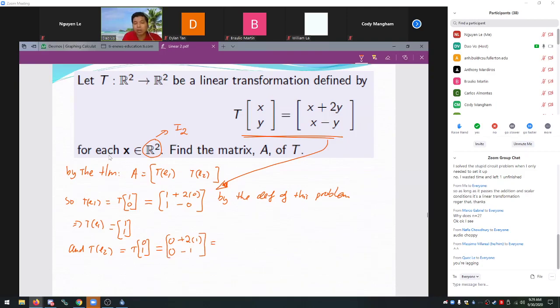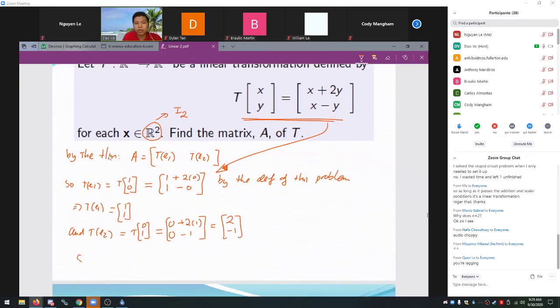So we get (2, -1). So matrix A, which equals [T of e1, T of e2], can now be rewritten as [[1, 2], [1, -1]].